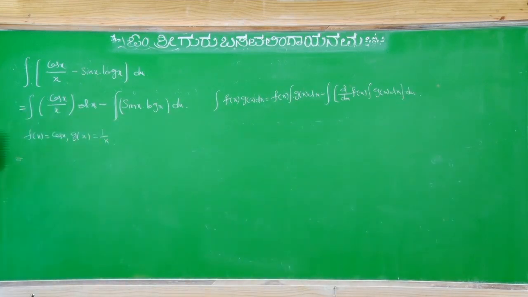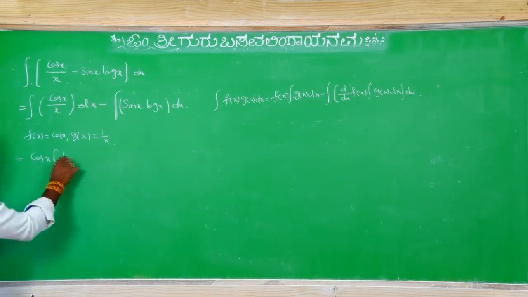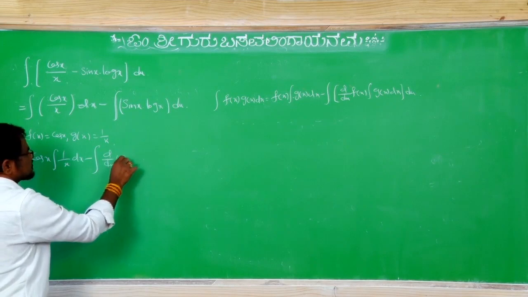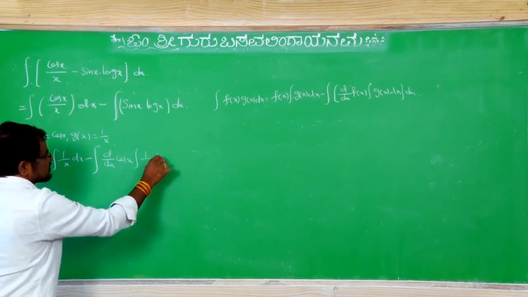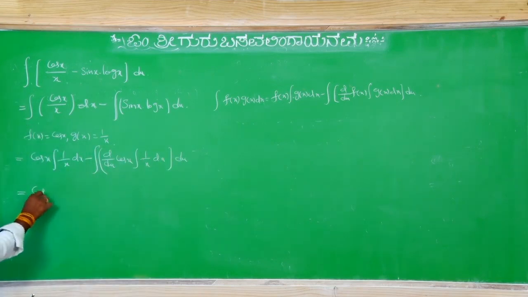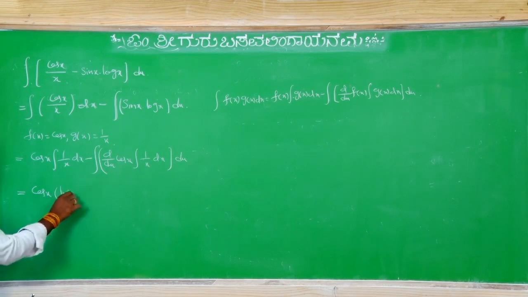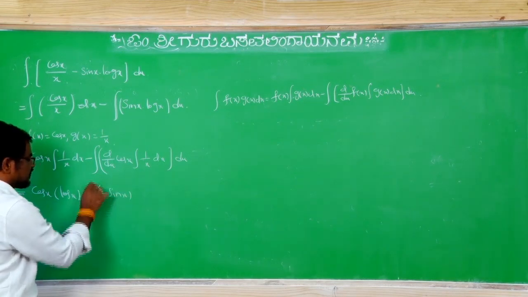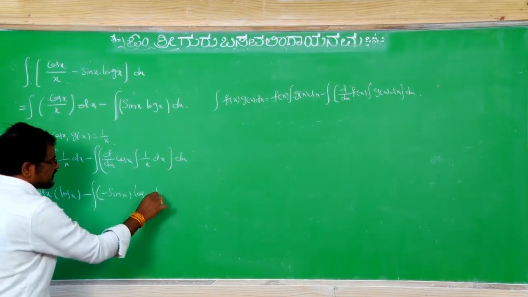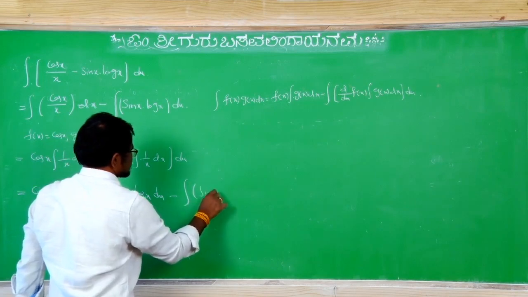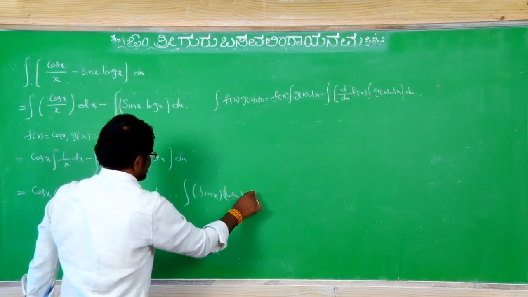So if you apply that formula for the first term only, so f of x cos x, integration of 1 by x dx, minus integration of d by dx of f of x cos x, integration of g of x 1 by x dx whole into dx, that is equal to cos x, integration of 1 by x is log x, minus differentiation of cos x, minus sin x, here log x dx, minus what is there, integration of sin x log x dx.